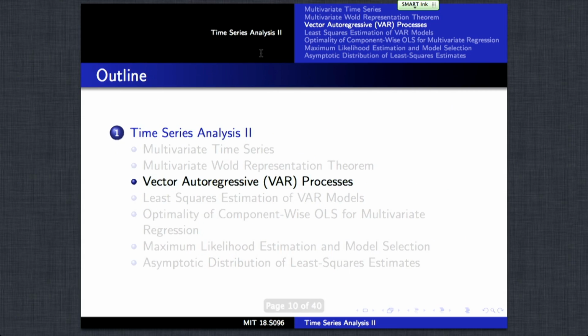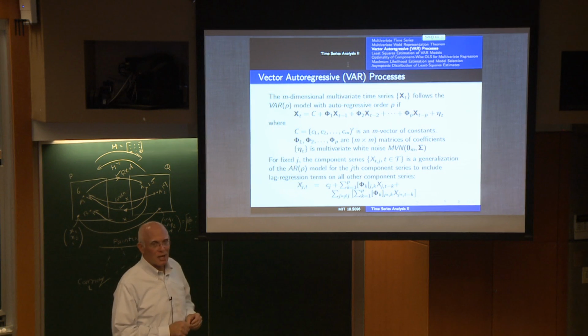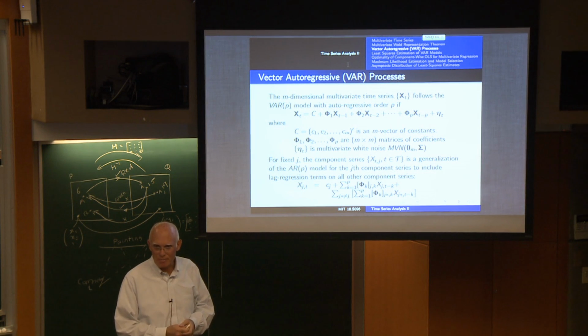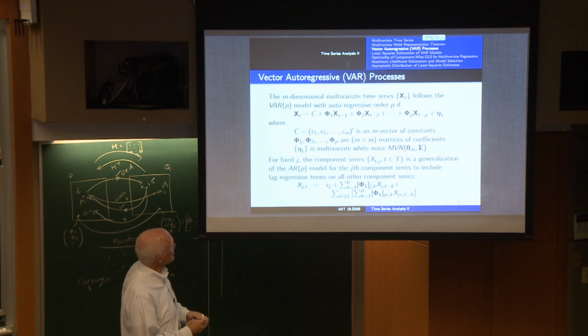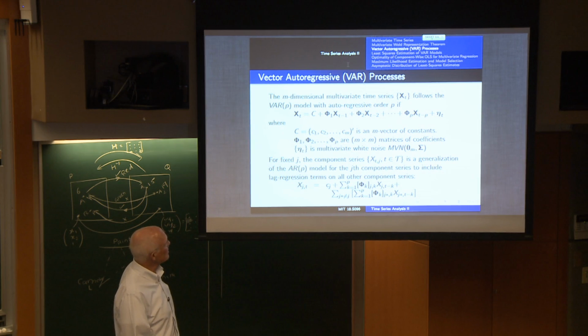Okay, all right. Well, let's move on to vector autoregressive processes. This representation for a vector autoregressive process is an extension of the univariate autoregressive process to m dimensions. And so our Xt is an m vector.